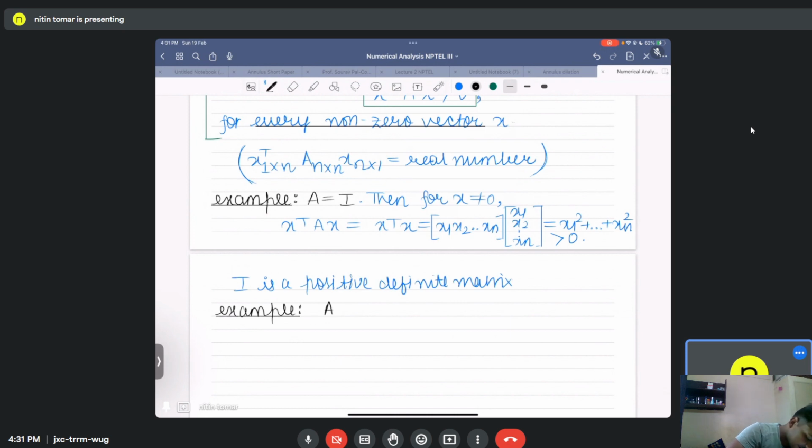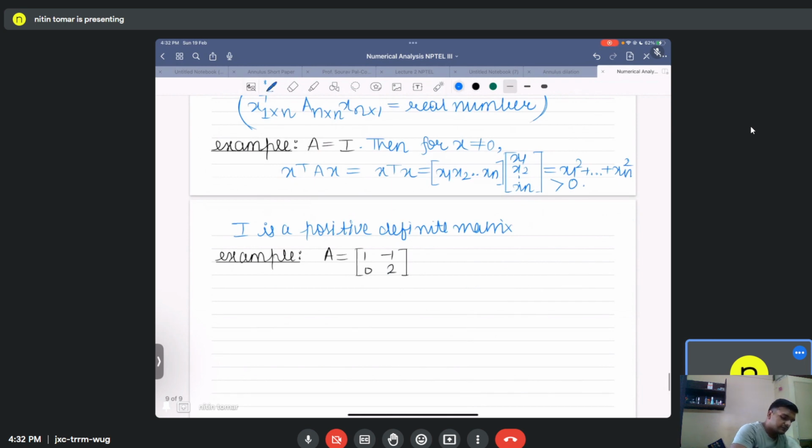What about this matrix? Can you check whether or not this is positive definite? So what do you have to do?